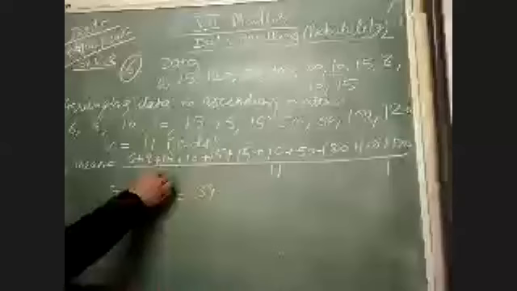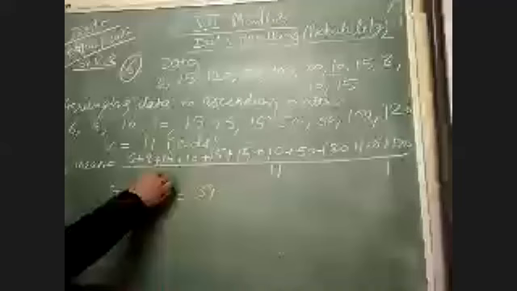Now you have to find the median. Median of data: if the value of n is odd, the median will be the (n plus 1) by 2th observation. The value of n is 11, so 11 plus 1 is 12, divided by 2 gives the 6th observation.